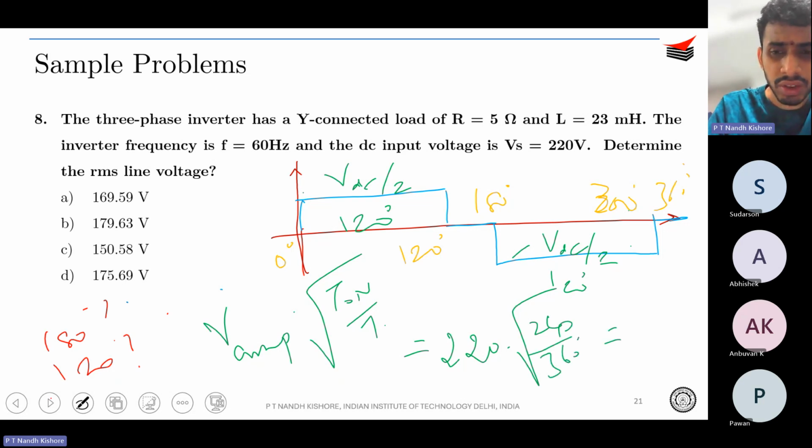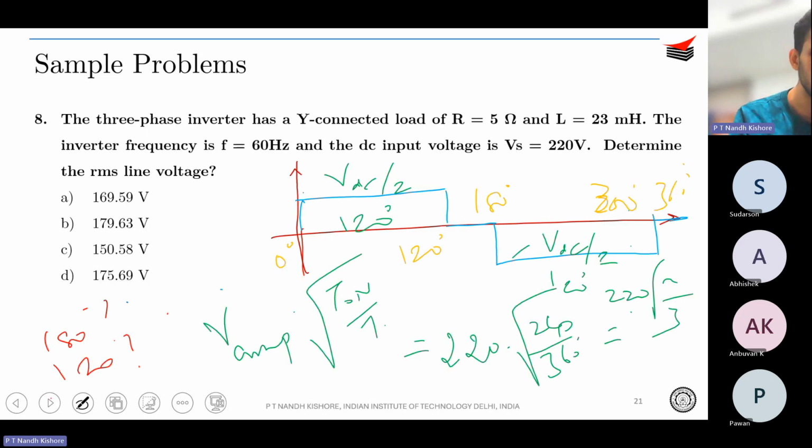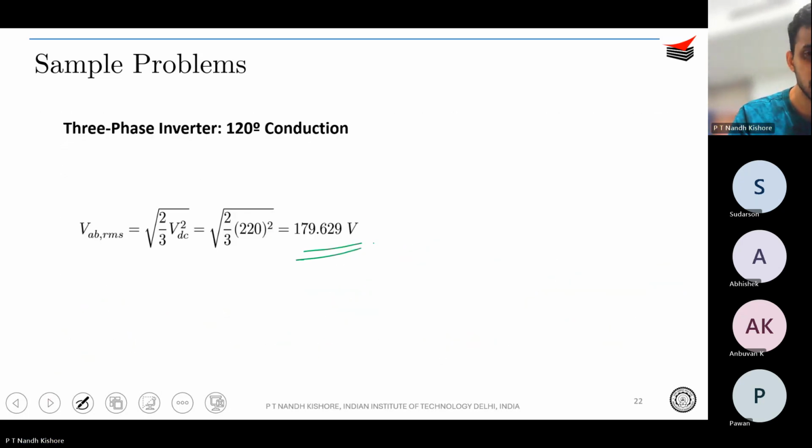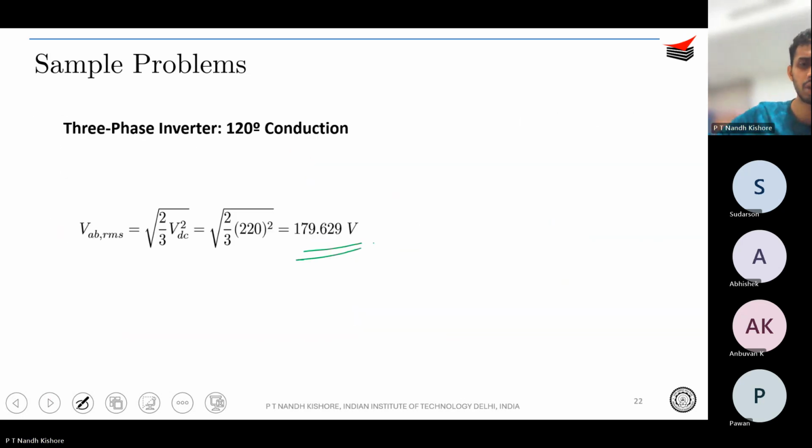So it is simply going to be 220 into root over 2 by 3. Okay, so that's what we have done over here as well. It turns out to be around 180 volts, 179.6. Okay, it's the same thing, right?